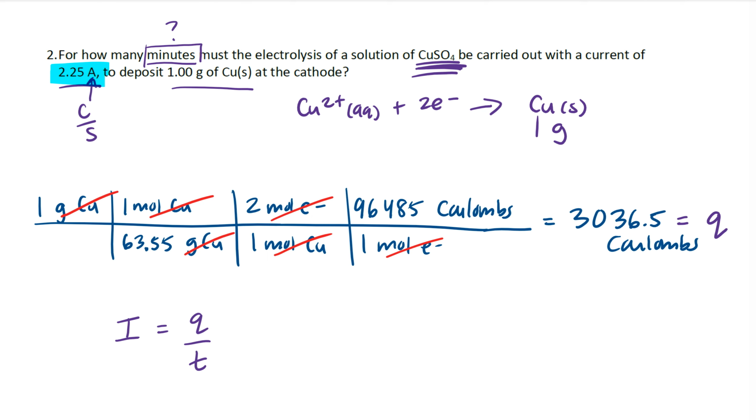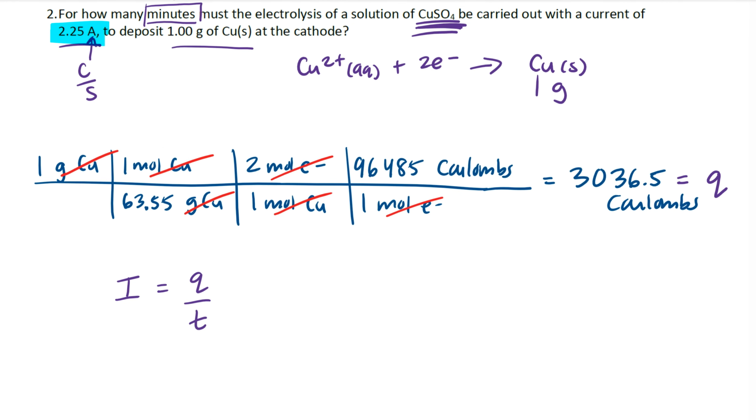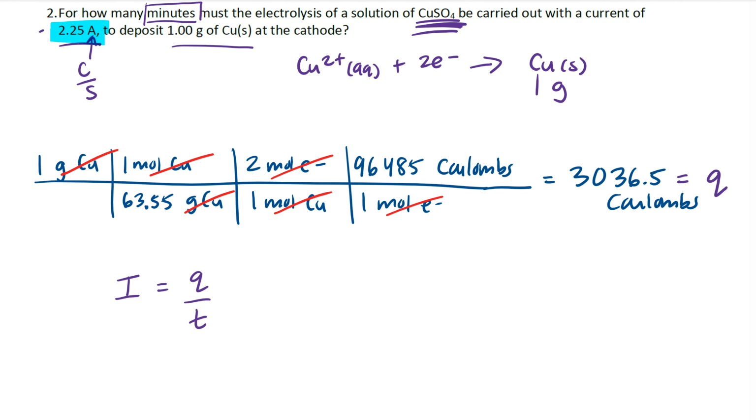So I'll plug that in for I. So 2.25 coulombs per second is a unit of amps.